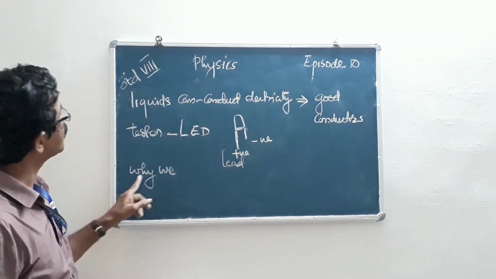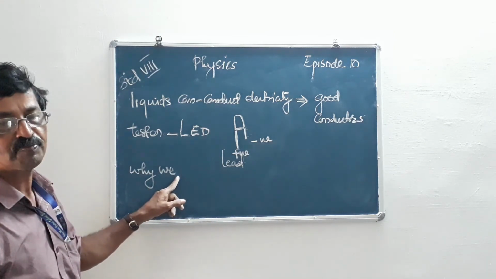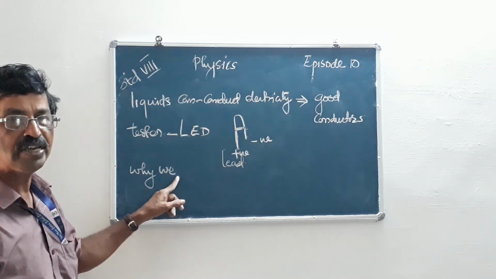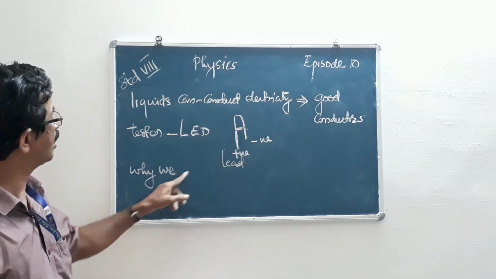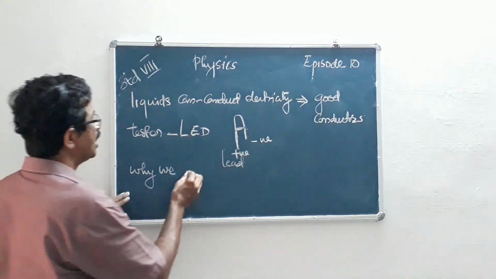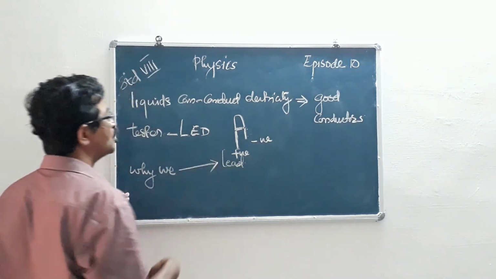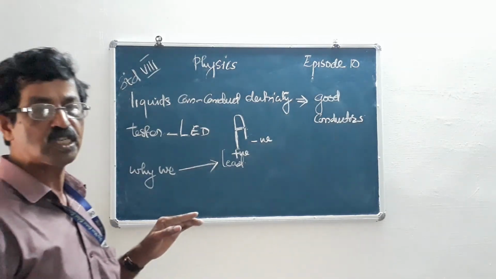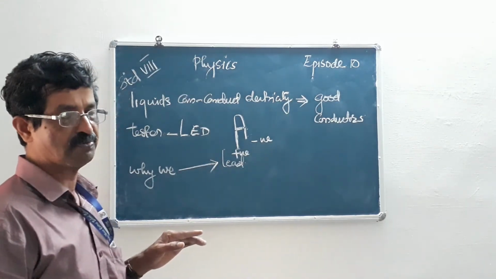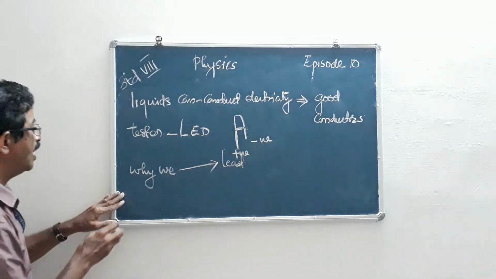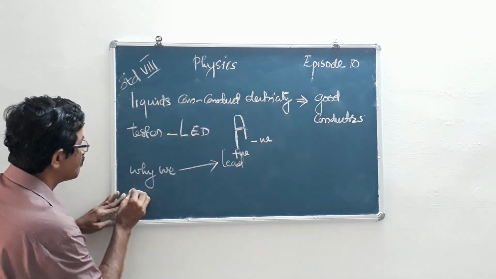So when we use an LED, we can measure very weak current also. To identify very weak current also, we use an LED instead of a bulb in our tester.